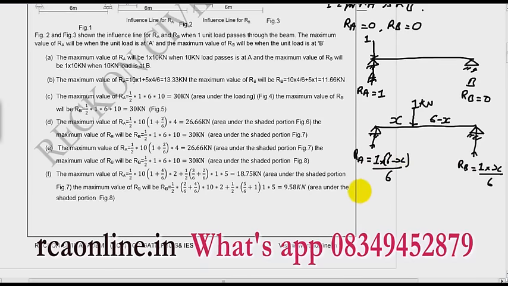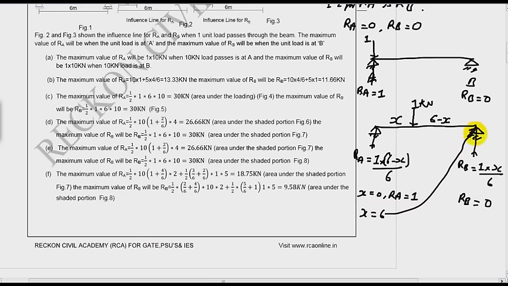When x is equal to 0, RA is equal to 1 and RB is equal to 0, same as above. When x is equal to 6, which means this point, RA is 0 and RB is 1.